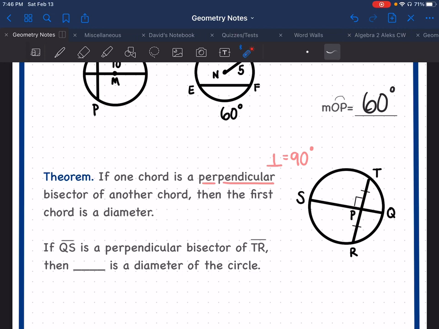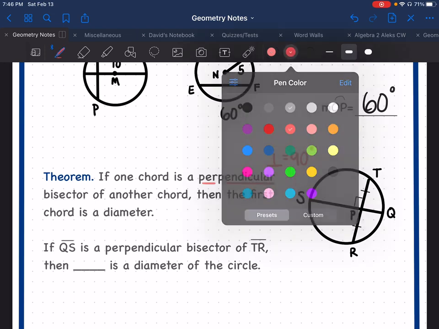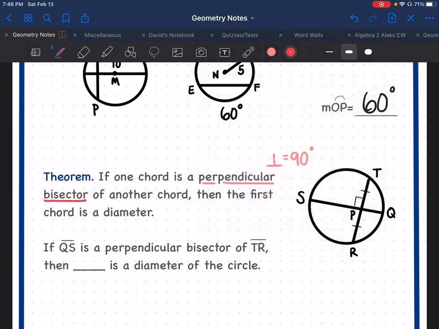You're going to have a 90-degree angle when you have perpendicular. Bisector, let me grab a different color. Bisector means we've cut in half. That's a bisector of another chord.